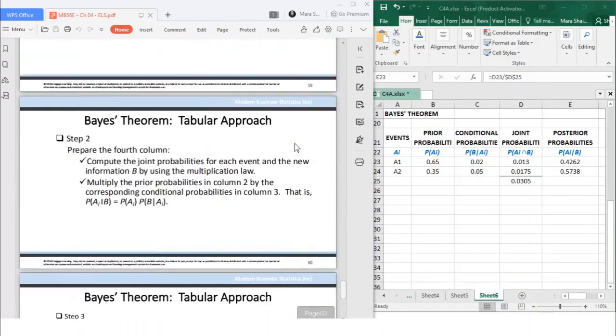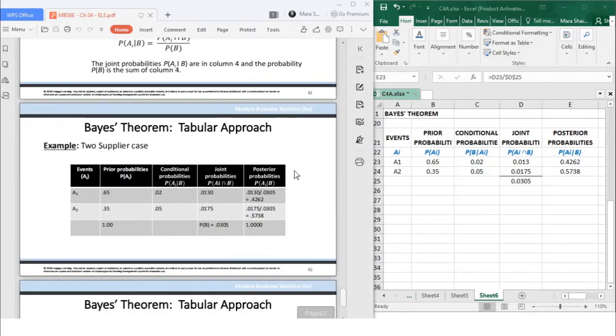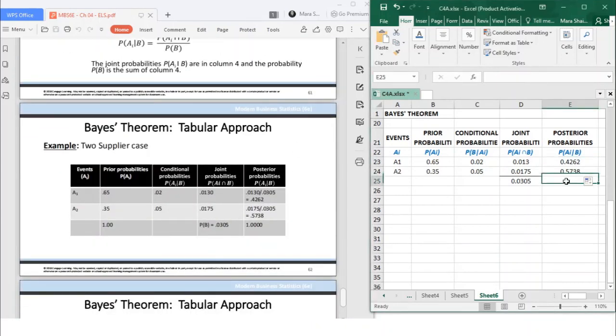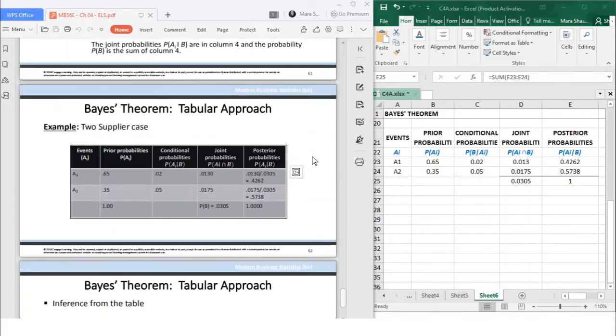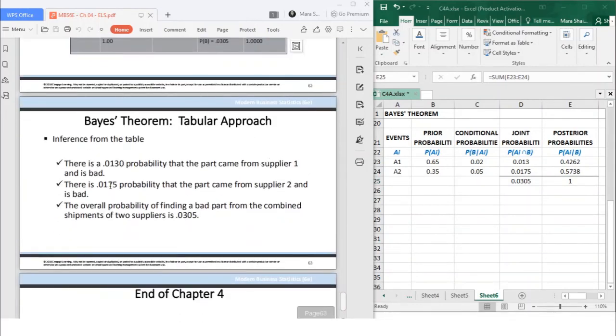So as analysis, we solved that there. If we get the sum of the posterior probabilities, of course the sum would always be equal to 1. Now, if we analyze, there is a 1.3% probability that the part came from supplier 1 is bad.